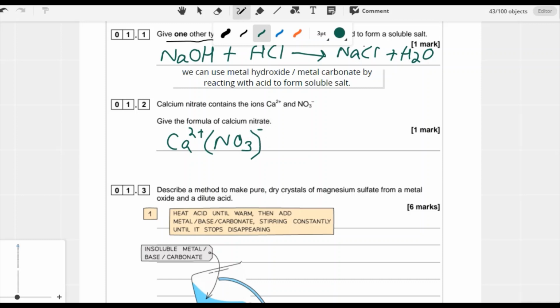So we need 2 nitrates to balance it, because 2 nitrates have an overall -2 charge, which will balance out the calcium charge. So the formula will be Ca(NO3) whole twice, Ca(NO3)2. That is the formula.